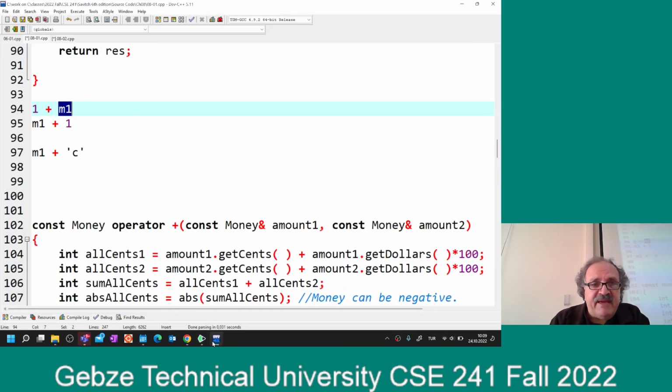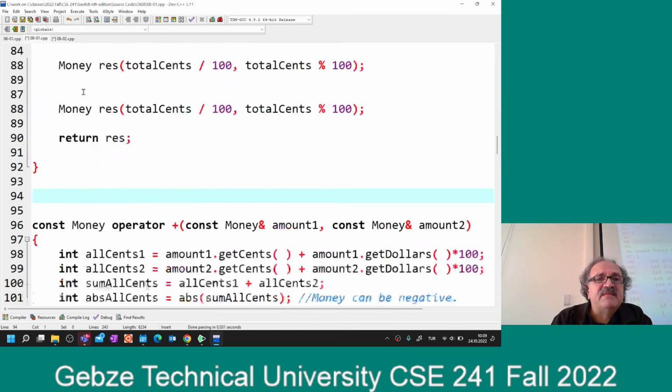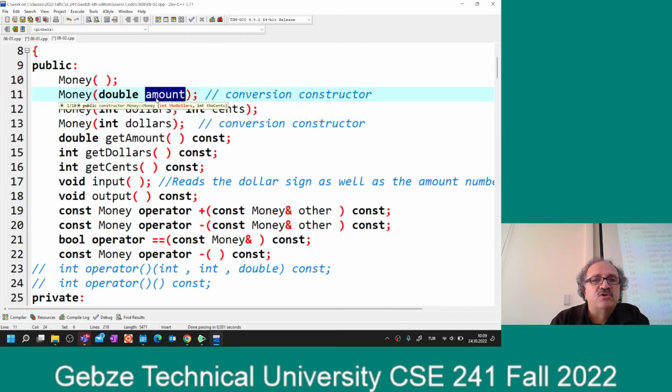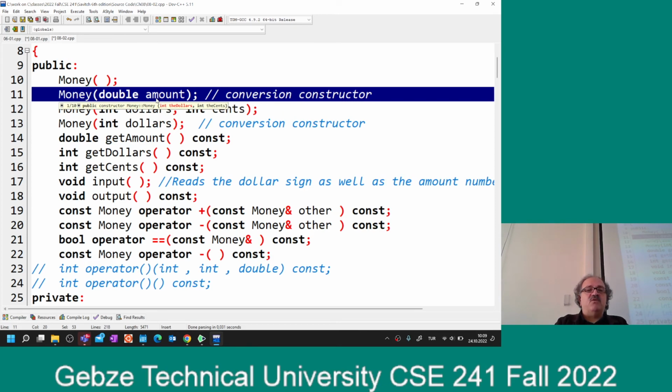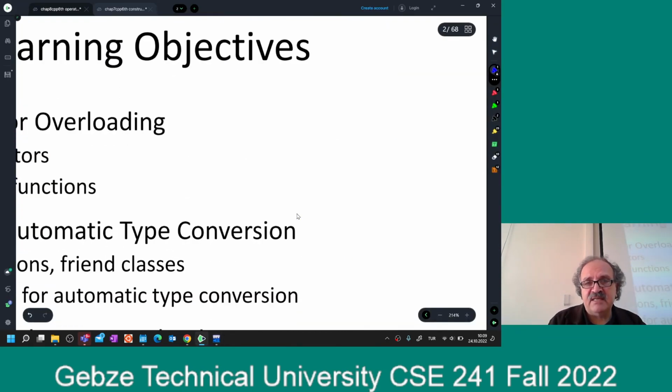By the way, there might be some cases where you don't want your constructor to be used as a conversion constructor. Let's say you are writing the class vector, just a vector of integers.